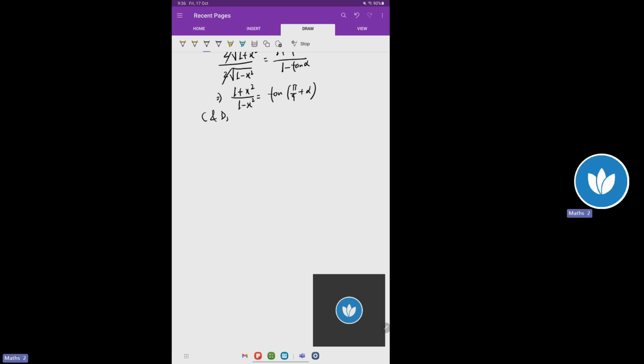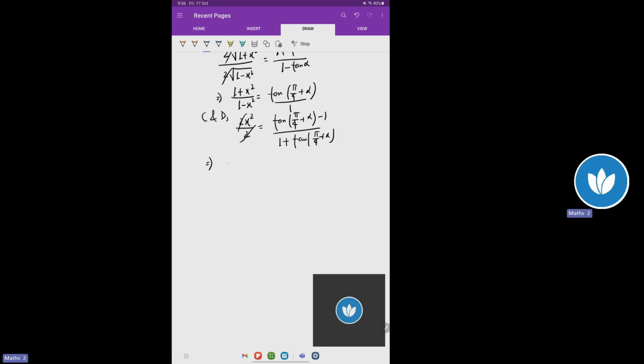Let's subtract first. If we subtract, this is going to be 2x square. If we add, this is going to be 2. So if we do subtraction, this is tan of pi by 4 plus alpha minus 1, divided by the addition, 1 plus tan of pi by 4 plus alpha. So 2 and 2 would get cancelled.